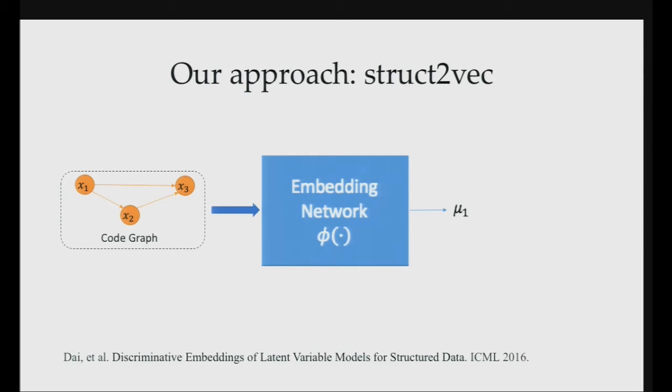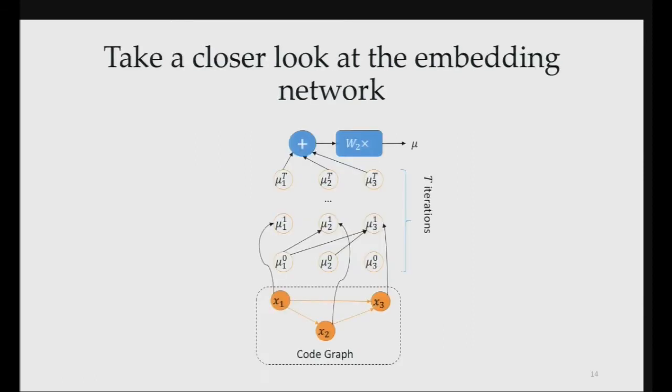Given a code graph which looks like this, a directed cyclic graph, on each node there will be a so-called attribute vector, but I don't want to go into the detail of that. And then the embedding network will convert that into an embedding vector. This is the end goal, and how do we really achieve that? You can view our algorithm as an iterative graph propagation algorithm.